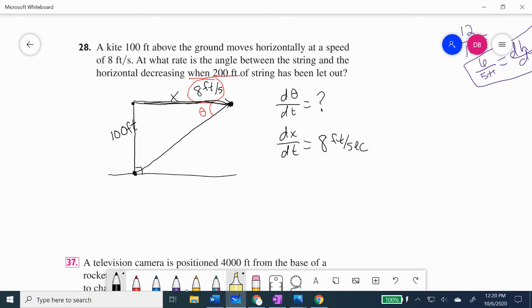When I create my equation, I want to make sure that x and theta are involved. Anytime an angle in a right triangle is being asked for its rate of change or it's given as a rate of change, and you have a right triangle again, you are using any of your 6 trig functions, which means you are using only 2 of the 3 sides of this triangle. Now we have to use x.